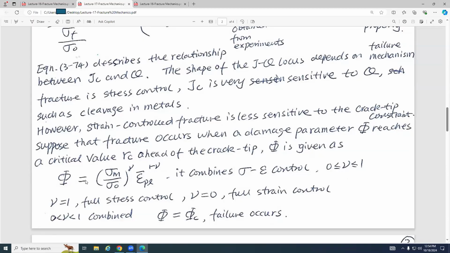These are the two equations it gives us, and then it just goes straight here.